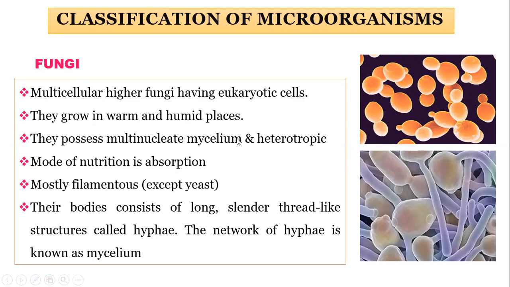The mycelium is formed by the hyphae of fungal cells. The fungi include unicellular yeast and multicellular molds. Except for unicellular yeast, all multicellular molds form hyphae, and together the hyphae form a network known as mycelium. Mycelial growth is observed in the case of molds.